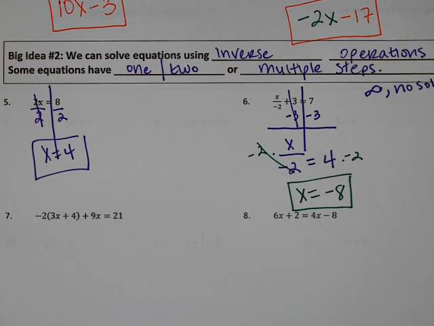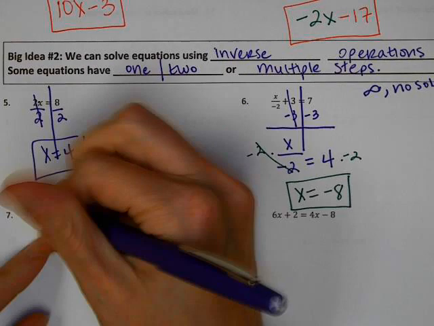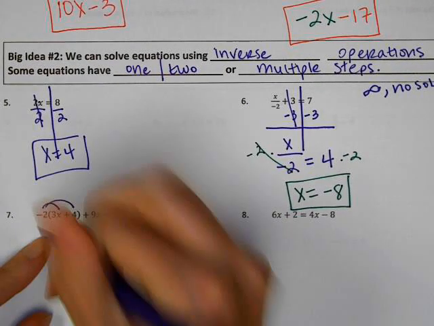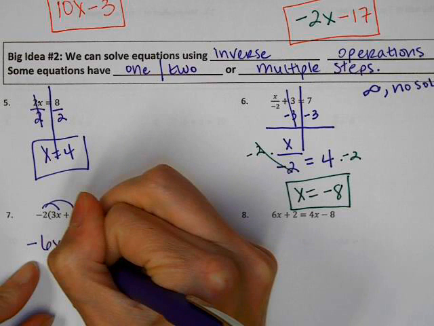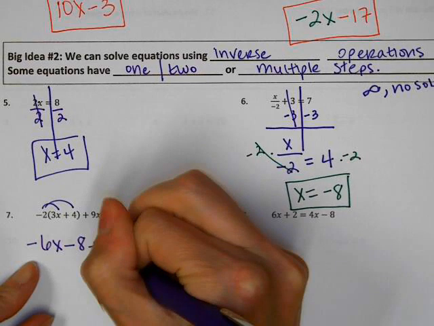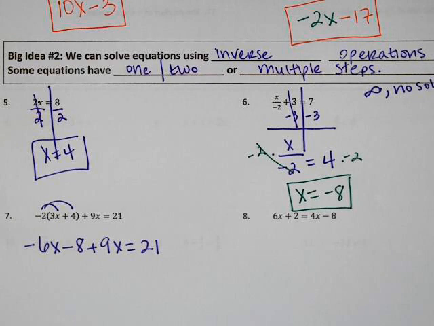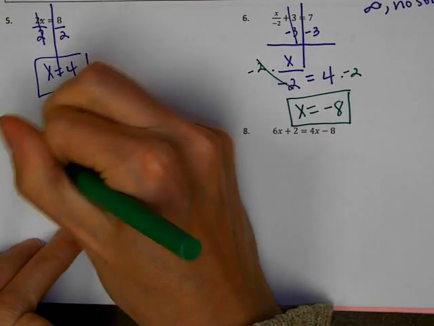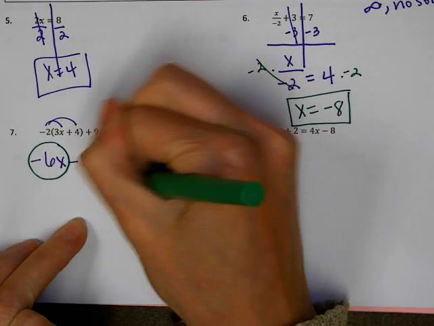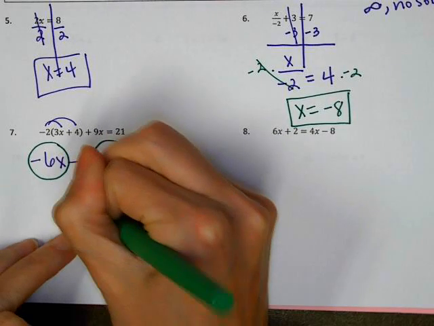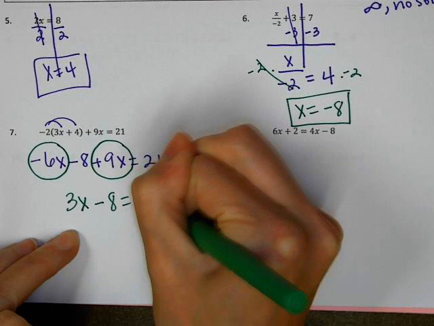Okay, so number 7 has multiple steps. We're going to distribute first. We get negative 6x minus 8 plus the 9x equals the 21. Okay, so we distribute first. Then we add like terms. Negative 6x plus 9x, and that's going to be 3x minus 8 equals 21.